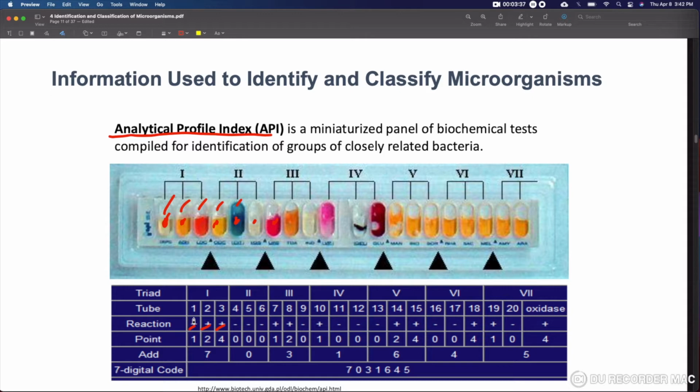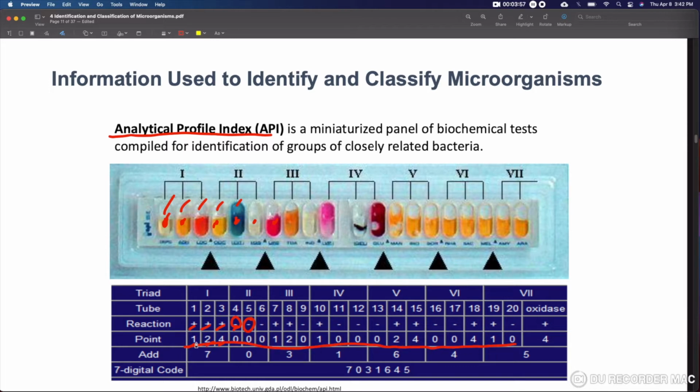So if it has a positive reaction in tube number 1, it will get 1 point. If it has a positive reaction in tube number 2, it will get 4 points. Essentially, we're going to see if the reaction is positive or negative in that section, and we're going to assign a point to that.